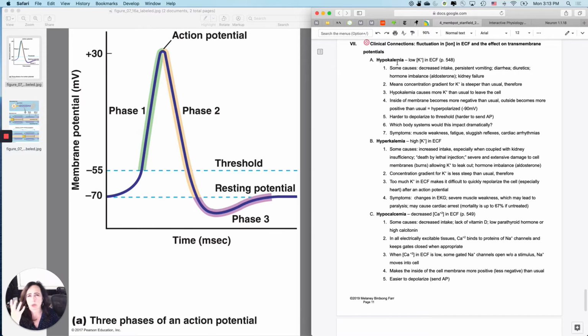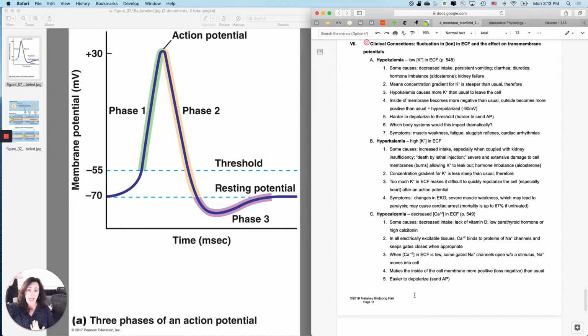Low potassium where? So where would you have an ion imbalance first, the ECF or the ICF? Yeah, it would happen in the ECF first. So all of these are disturbances that occur in the ECF that will eventually affect your ability to produce an action potential. Okay, so hypokalemia, low potassium, where? Extracellular fluid.